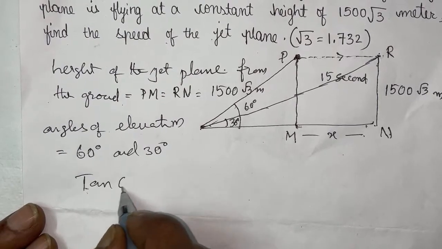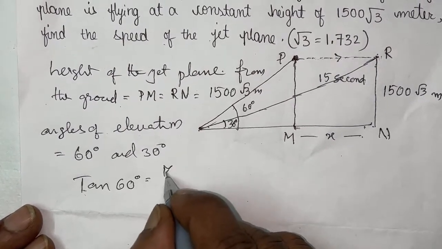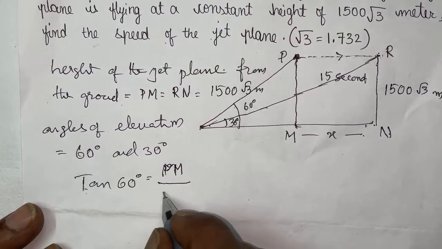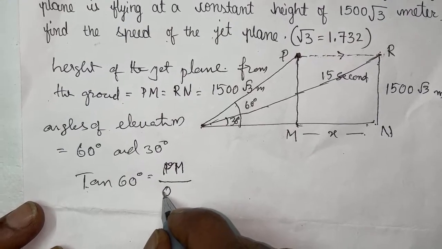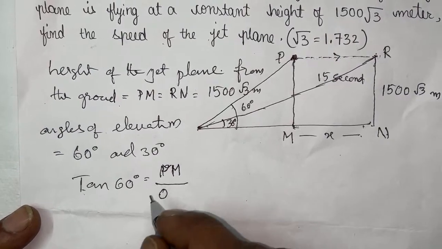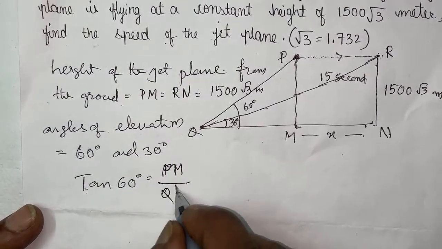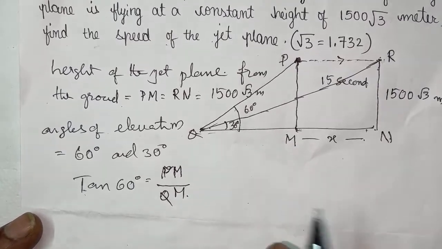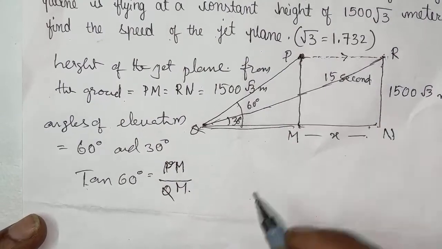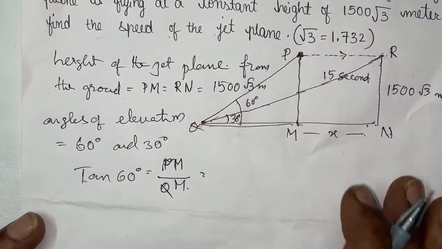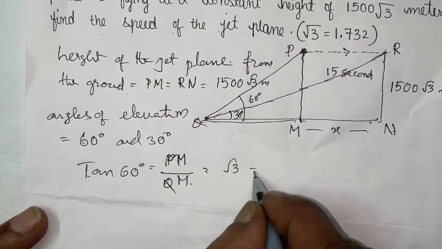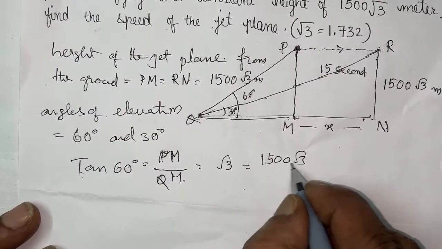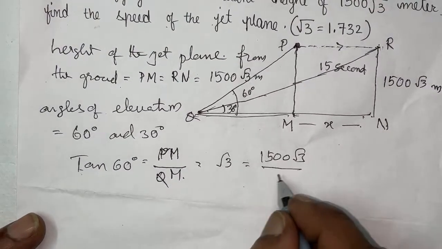Tan 60 degrees means PM, the height of the jet plane, over the distance traveled, which is QM. This is the base of this triangle. So here tan 60 value is root 3, which is equal to PM, the height of the jet plane, 1500 root 3 by QM.